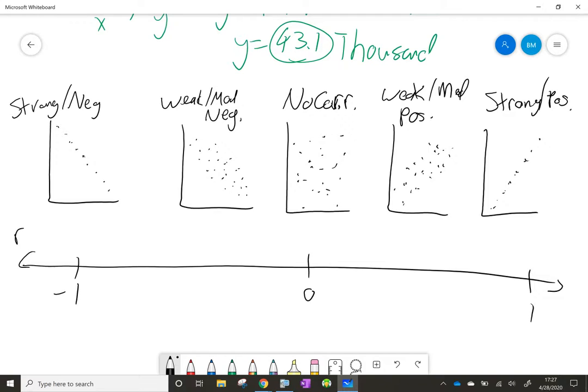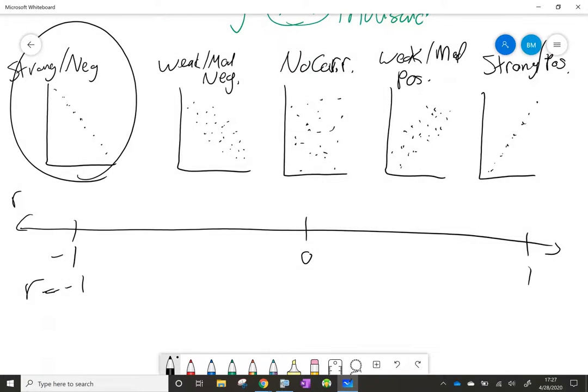Now, I've lined up the graph that I made here perfectly with my correlation coefficient. If R is equal to -1, you're going to see a graph like this. It's a perfect negative correlation. So -1 has a strong correlation, but it's negative, meaning it trends downwards.